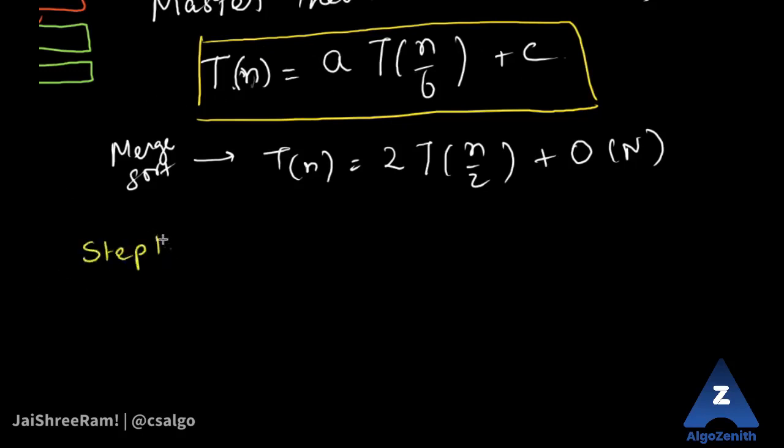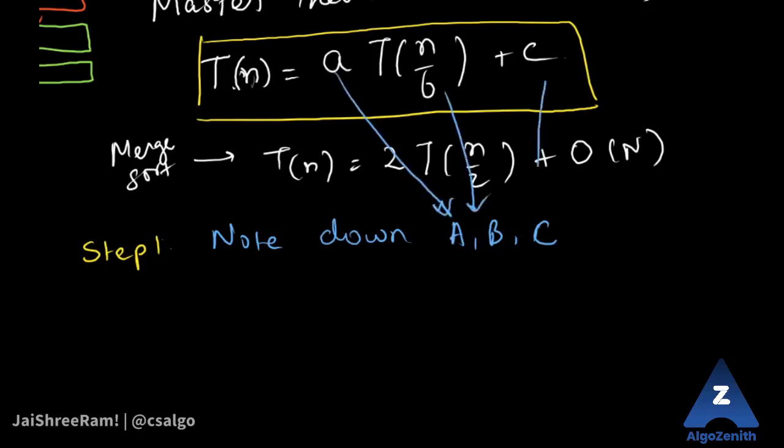So let's take down the steps. Step 1: note down A, B, C. You can think they are small and capital all the same, so this A is the same as this A. We are transforming this into variables.